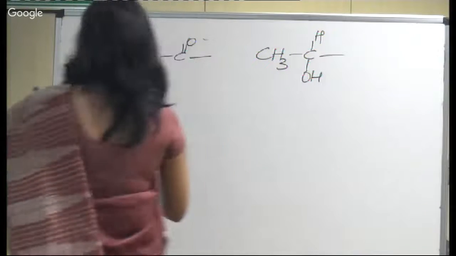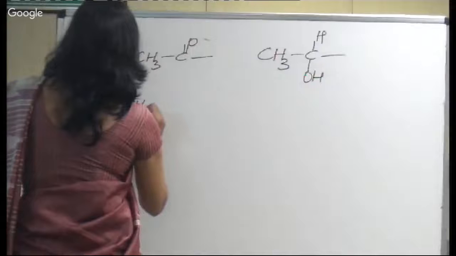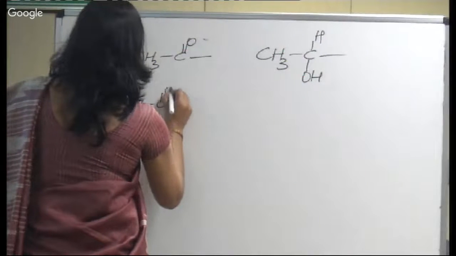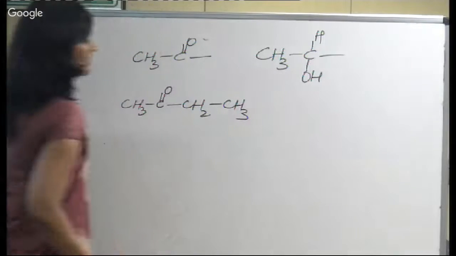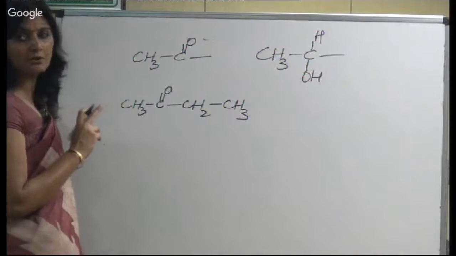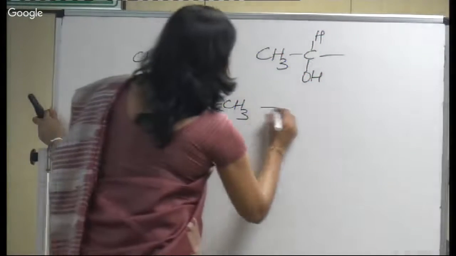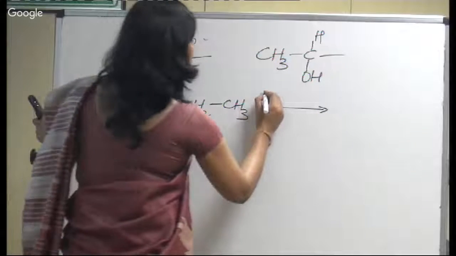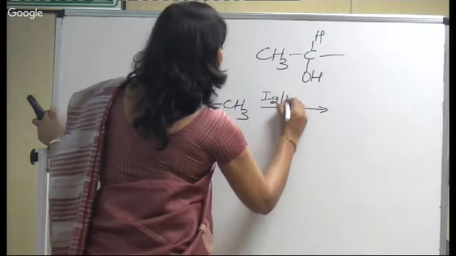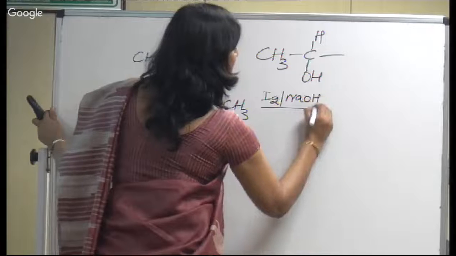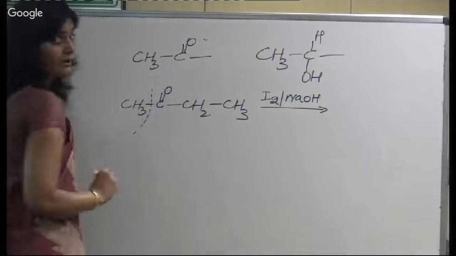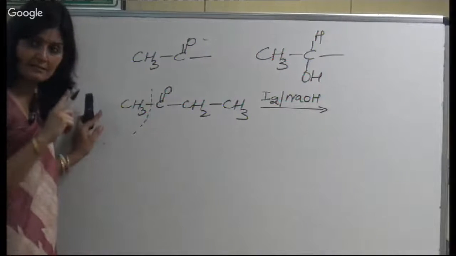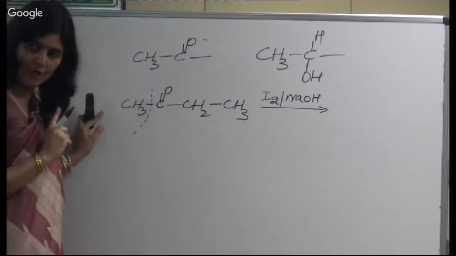For example, if I use 2-butanol and I react it with iodine in alkali or sodium hypoiodite, what happens is, I told you, remove this one carbon as iodoform, right?